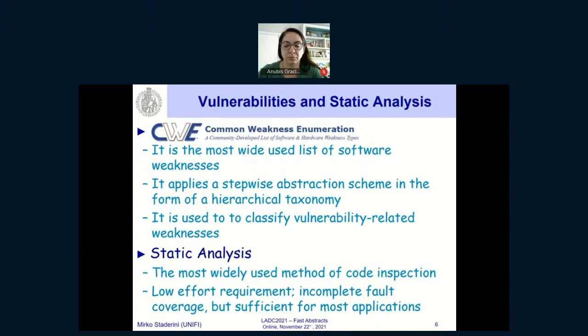More than this, static analysis is the most widely used method of code inspection. It requires low effort, and it has incomplete fault coverage, but it is still sufficient for most applications.